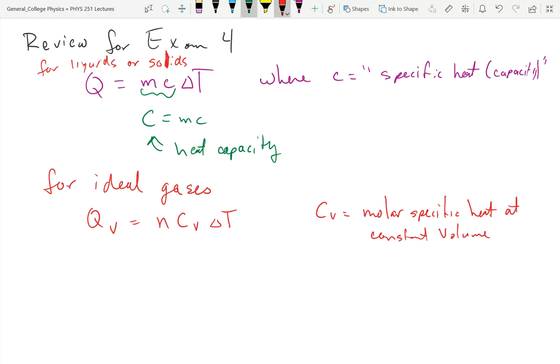And then if we keep the pressure constant, it's just like that. Q sub P is equal to N C sub P delta T, where C sub P is the molar specific heat at constant pressure.